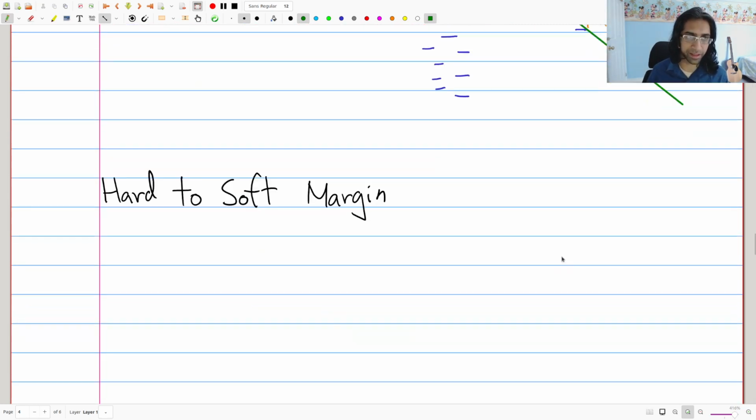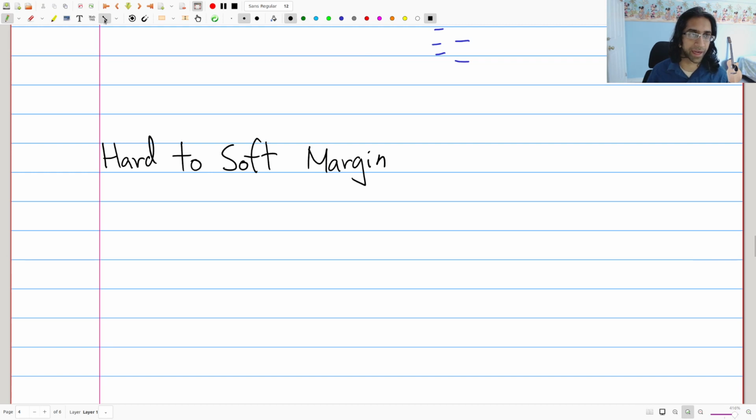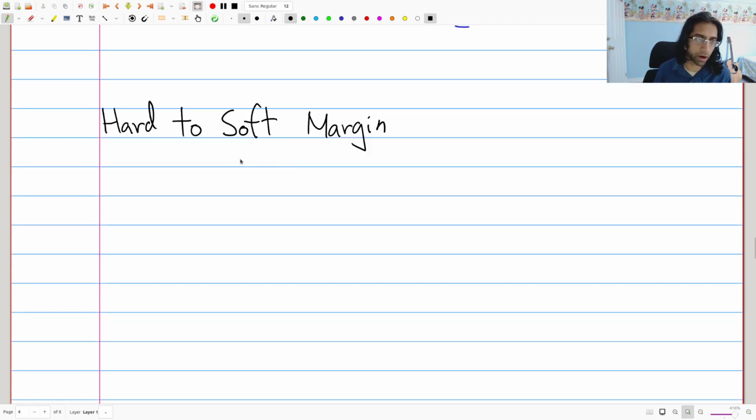So let's get more mathematical now. Let's recall what the hard margin SVM is. And the names hard and soft margin might be clear at this point, where hard says it's a hard margin, you can't go beyond it with a point. But a soft margin will allow points to go over that margin.